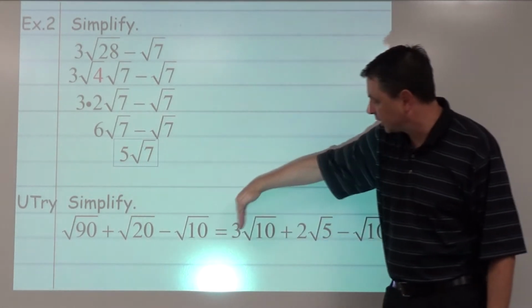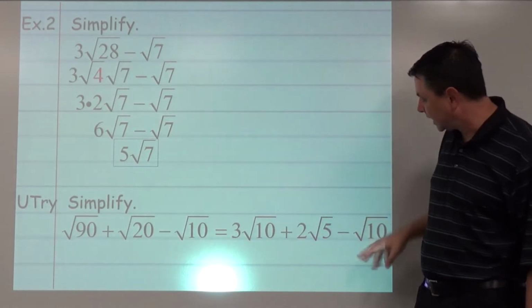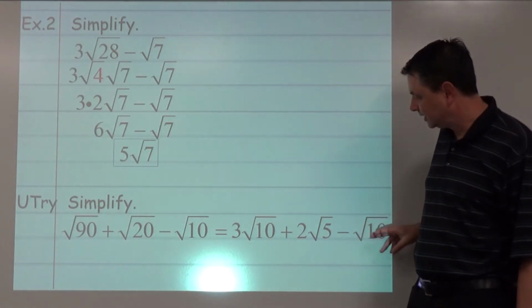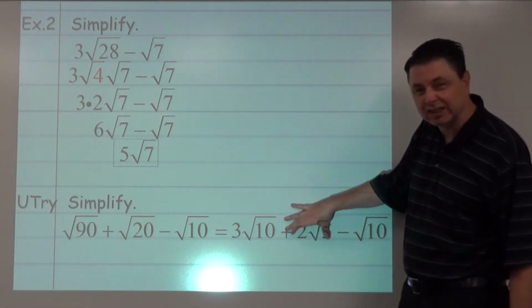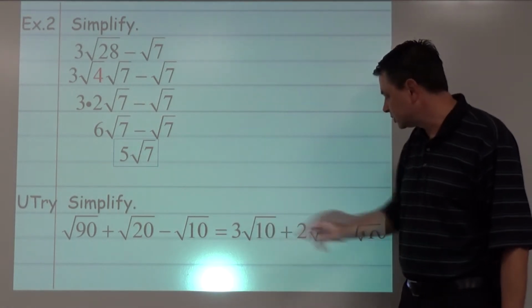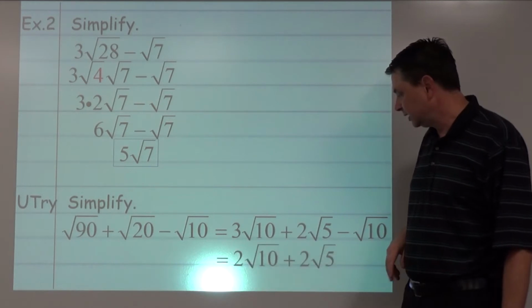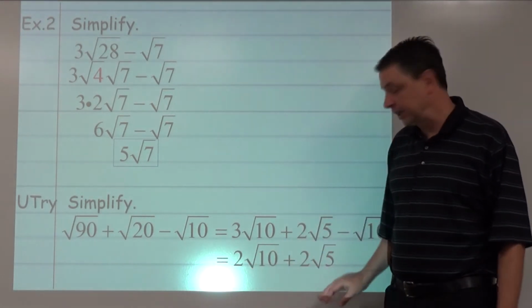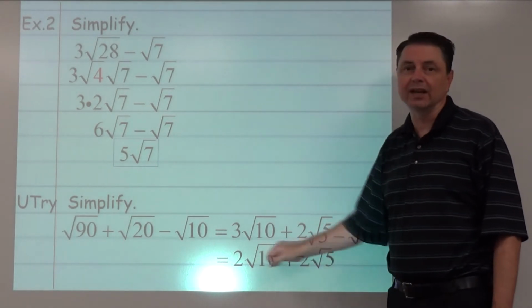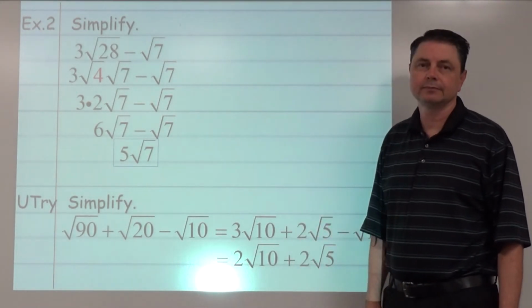So if we simplify, we get 3 root 10 plus 2 root 5 minus 1 root 10. These two are like terms, so we can combine those. We'll just have to leave this one alone. 3 root 10 minus 1 root 10 is 2 root 10 plus the 2 root 5. That's as far as we can go because these are not like terms. They're not like radicals. Got to leave them separate.